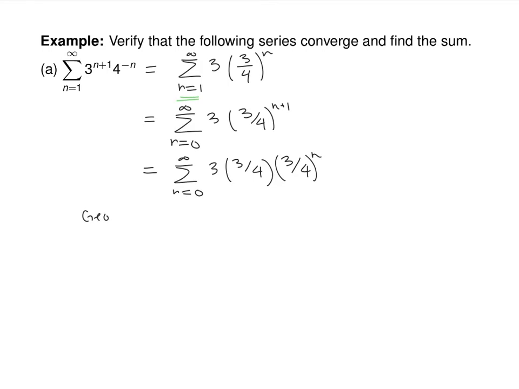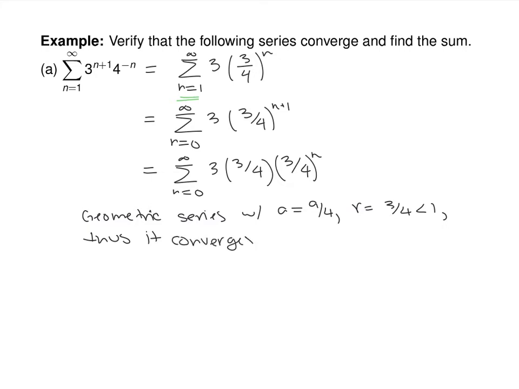And this is a geometric series with a equal to 9/4 and r equal to 3/4, which is less than 1. Thus it converges. Specifically, it converges to a over 1 minus r, or 9/4 over 1 minus 3/4, which is the same thing as 9 over 4 minus 3, or 9.